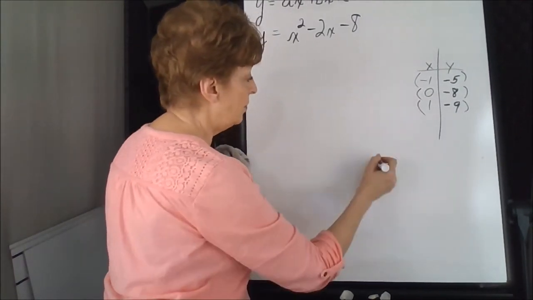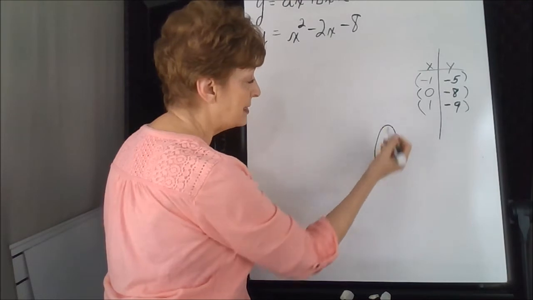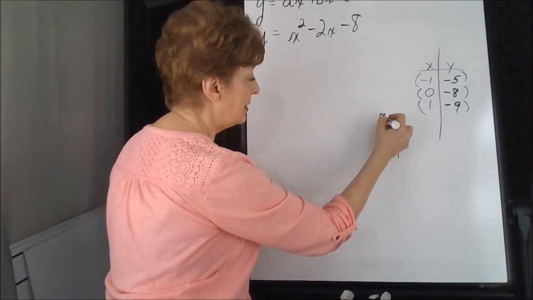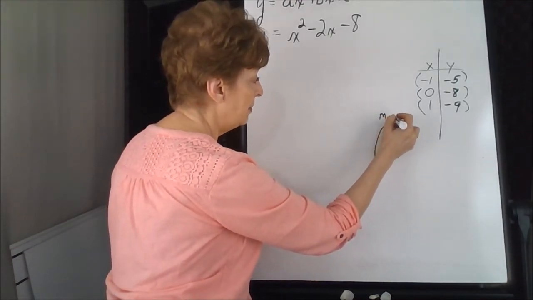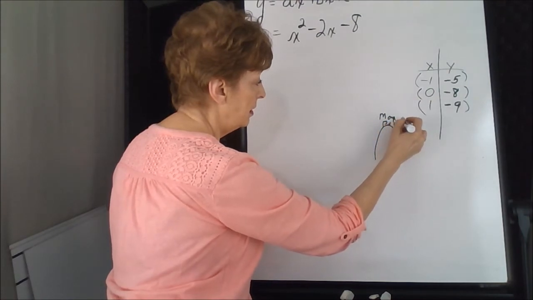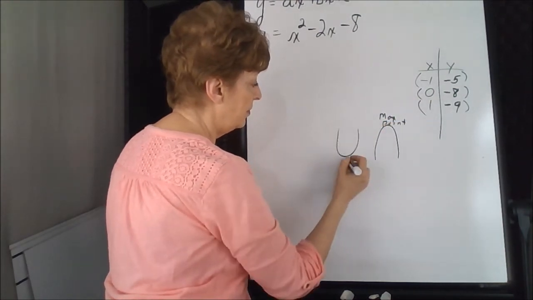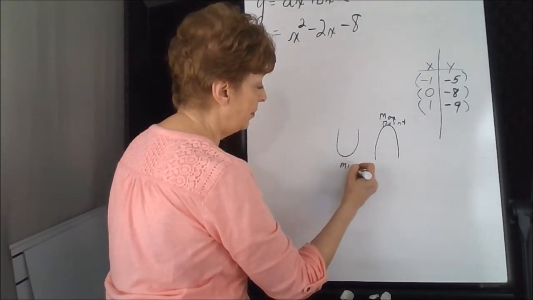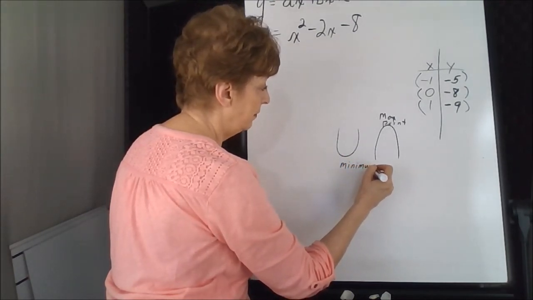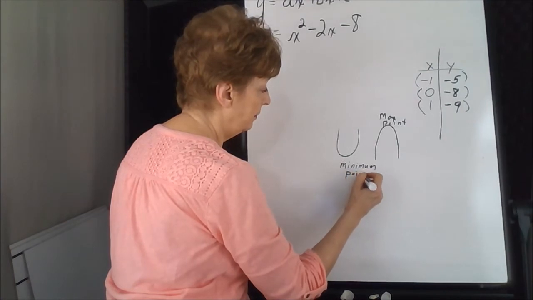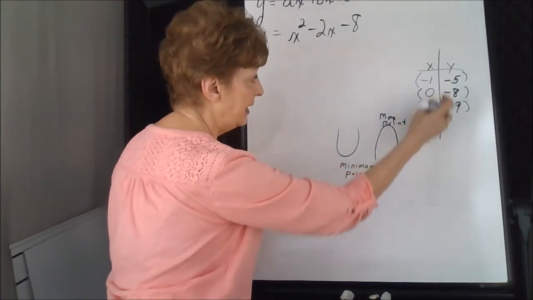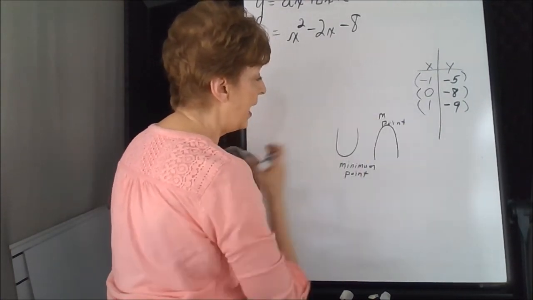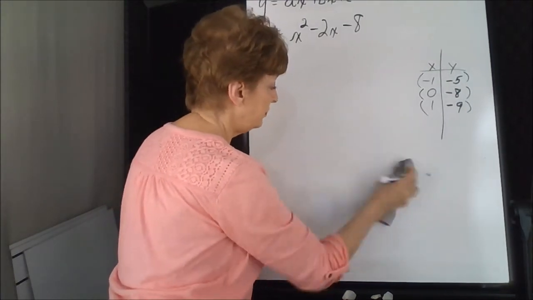If it opens this way, we will have a maximum point. And if our parabola opens upwards, we have a minimum point. That's what we're trying to find here with our numbers, our maximum and minimum points.